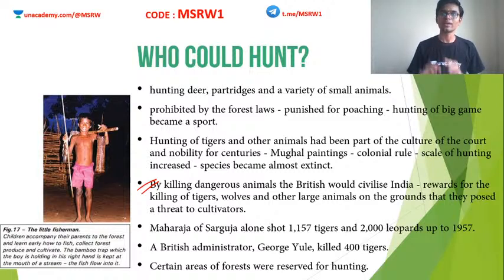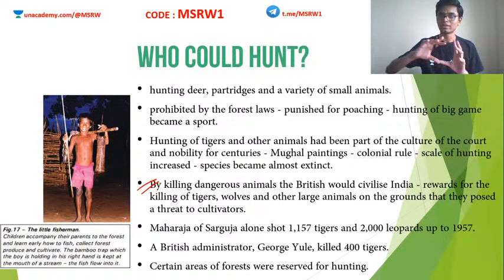So by hunting these big wild cats, they thought that they were civilizing Indians. This was their mindset. Also, for killing tigers, wolves, etc., rewards were announced by the British government. So if a native killed a tiger or a wolf, a reward was announced.